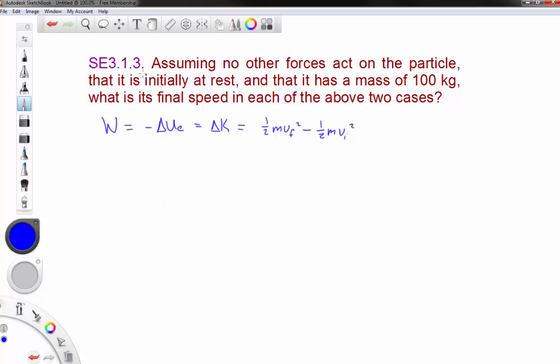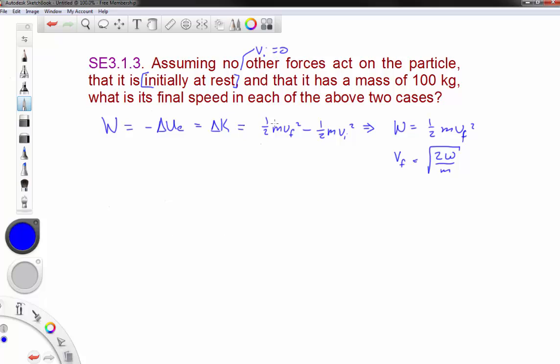Now, initially, the particle in question is at rest, so v initial is 0. So this basically all means that the work is equal to 1/2 times the mass times the final speed squared. So v final is the square root of twice the work over the mass.